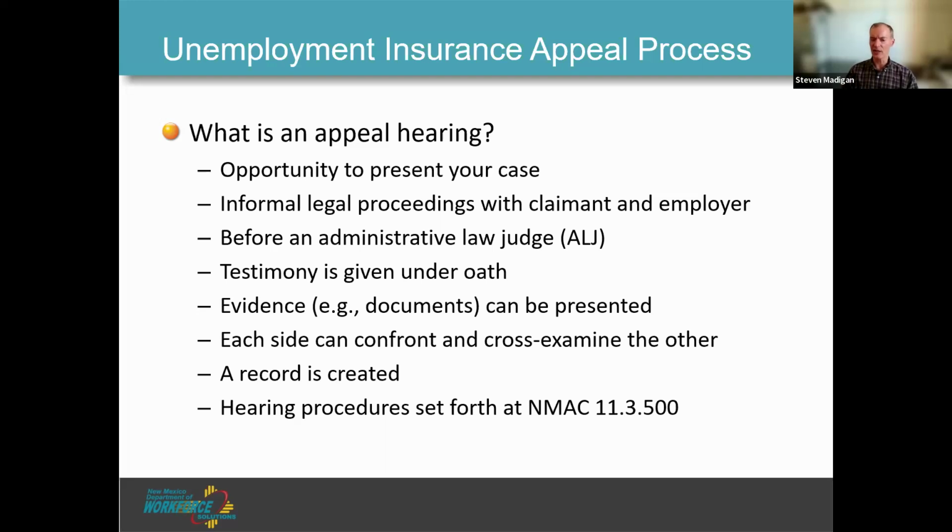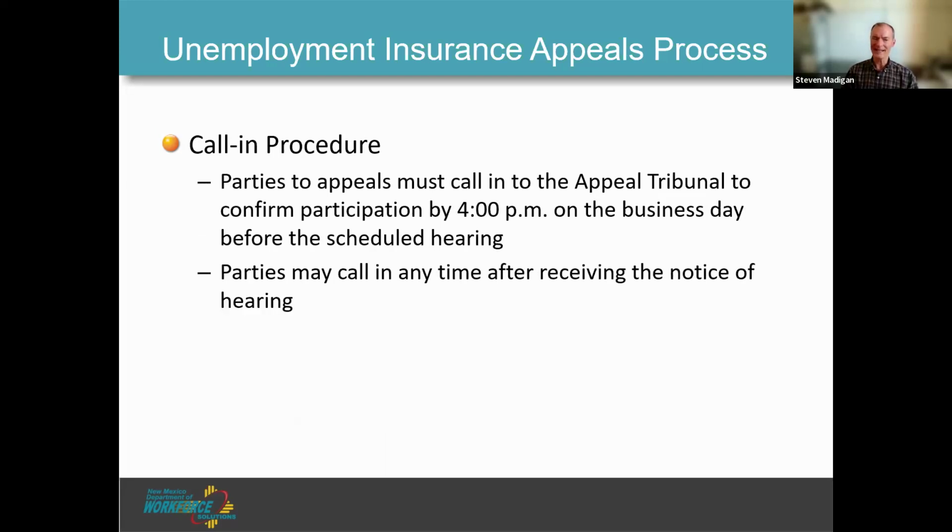And then this section of the New Mexico Annotated Code is where the requirements for an appeal hearing are all laid out. Again, it is telephonic, so all parties to an appeal have to contact the appeal tribunal no later than 4 p.m. on the business date prior to the scheduled hearing date.